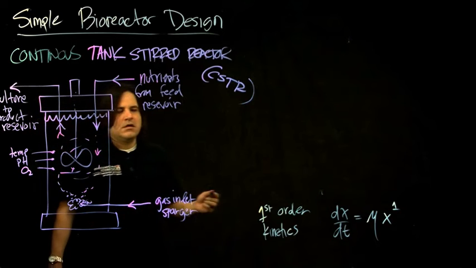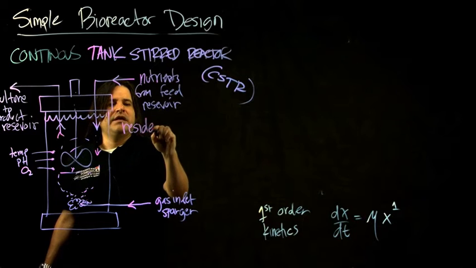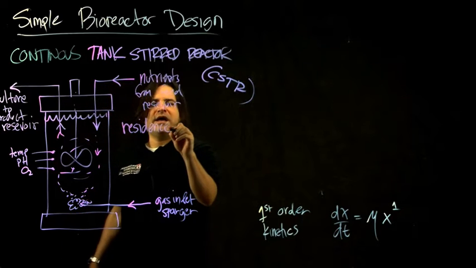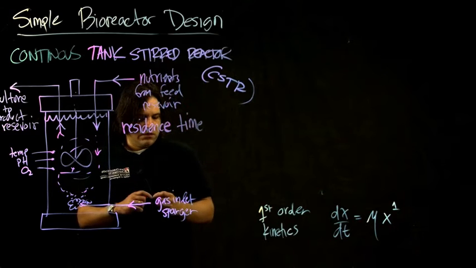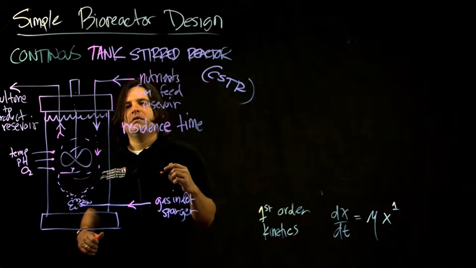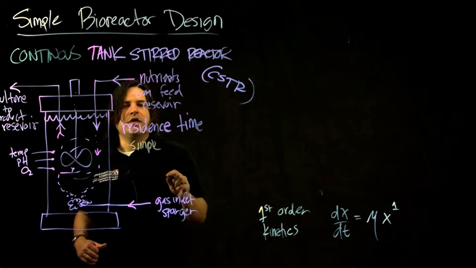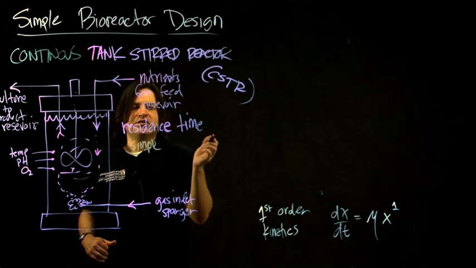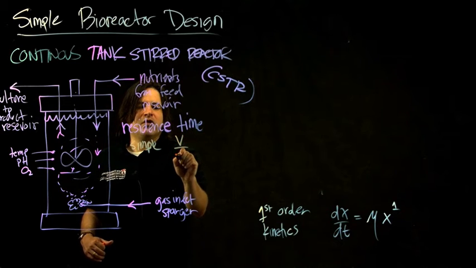So the residence time is a way in chemical reactors, any process where you're trying to control some process in a reactor, you can characterize that by the residence time. In a simple geometry, a simple residence time would be the volume of this reactor over the volumetric flow rate going through.